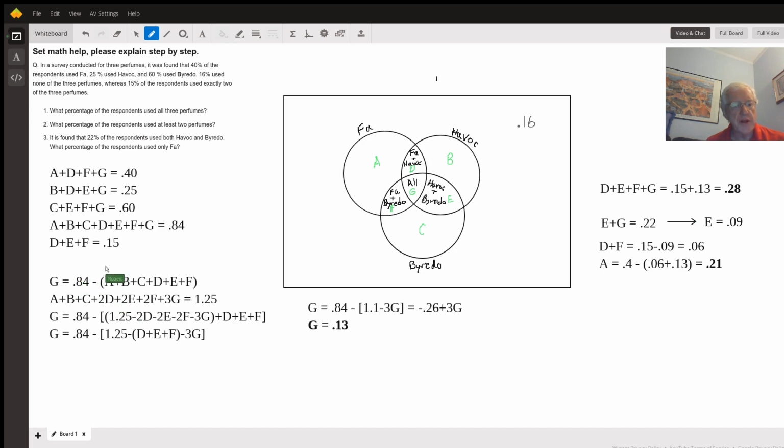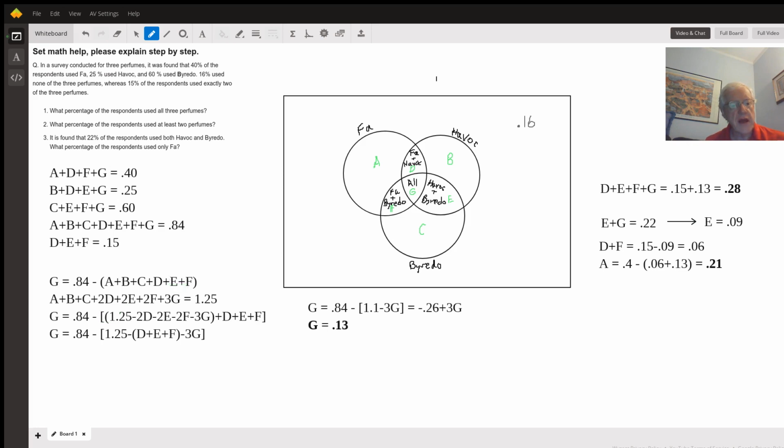You might have some trial and error there, but we know that G is 0.84 minus all the other parts, and then the trick is finding the combination of other parts that will work.